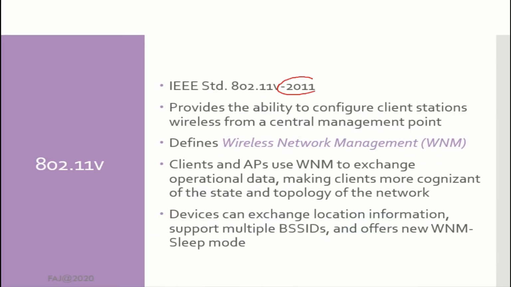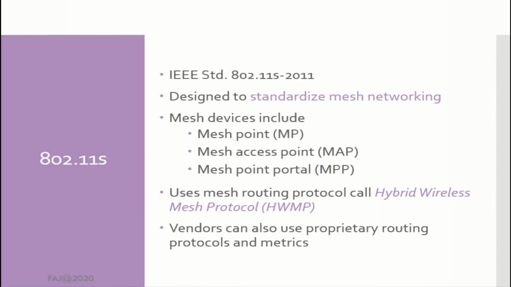802.11v 2011 provides the ability to configure client stations wirelessly from a central management point. It defines wireless network management WNM. 802.11s 2011, designed to standardize mesh networking. Mesh devices include mesh point, mesh access point, and mesh point portal.